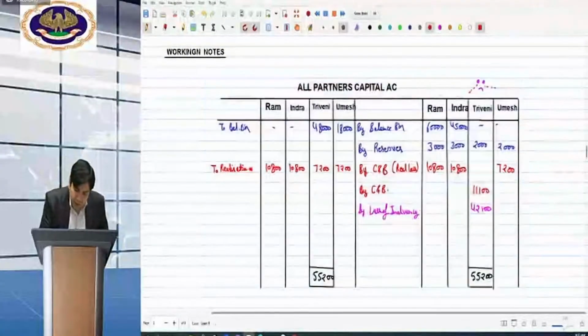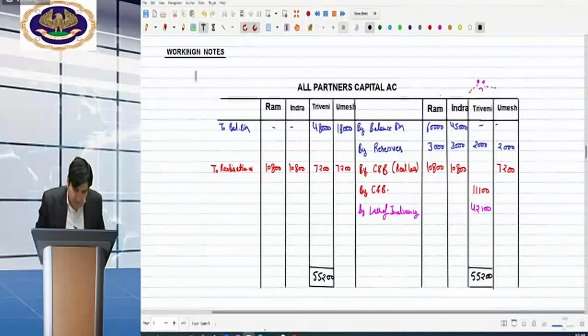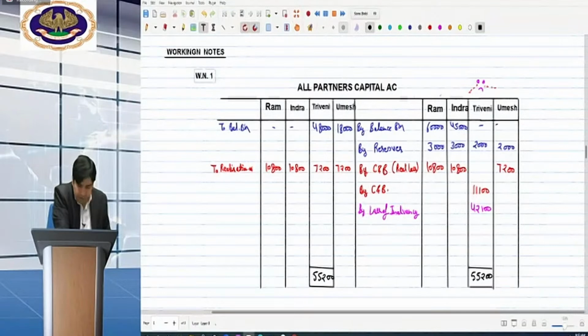So I am preparing here working note number 1, solvent partners balance checking.